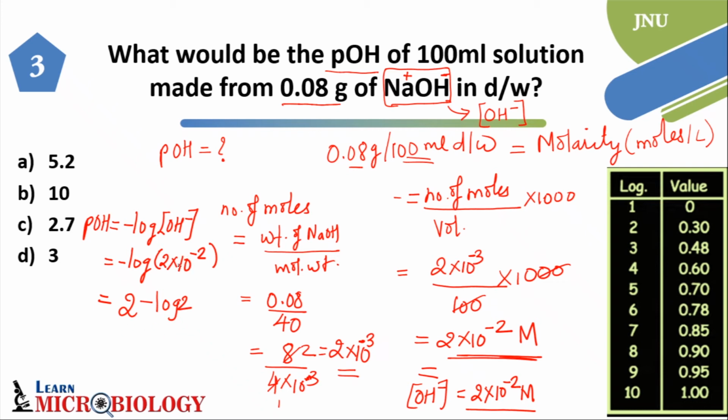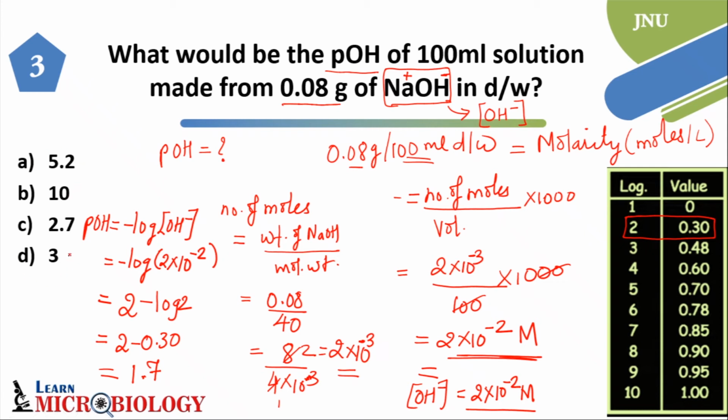The reason behind this is, since here we have 10 and the log is also to the base 10, they both get cancelled out and this 2 remains, and since we already have a negative sign outside, this becomes positive and the log of 2 becomes negative. So 2 minus log 2. For log 2 we can use this table, which gives us the approximate value of log of 2, that is 0.30. Just subtract this, you will get the value to be 1.7, right?